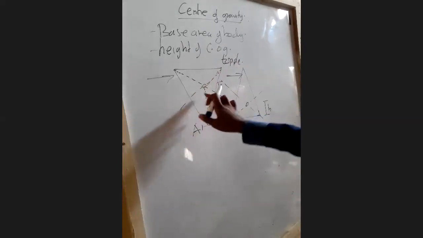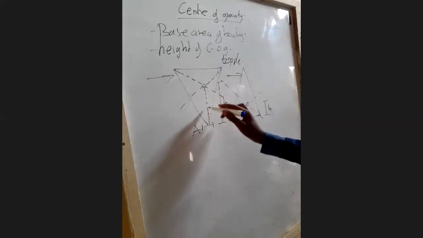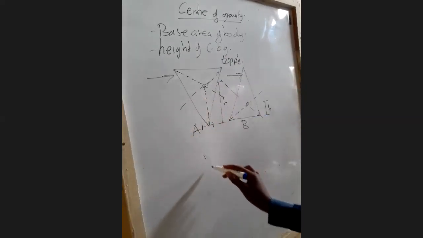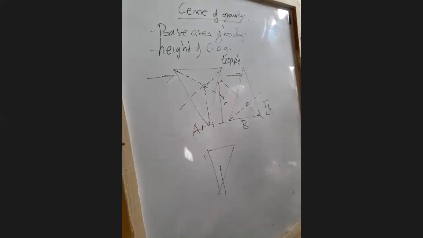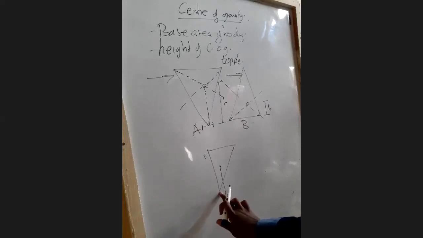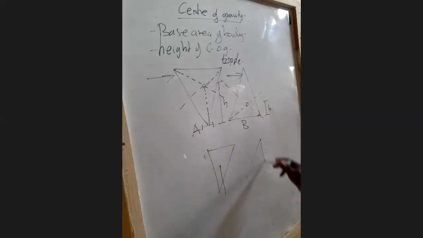So if you apply a small force here, the line comes down here and falls out of the base, and it will fall. But for this case, if you apply a small force, this body will tilt up, and that line still falls within the base. So you see the body will not fall.